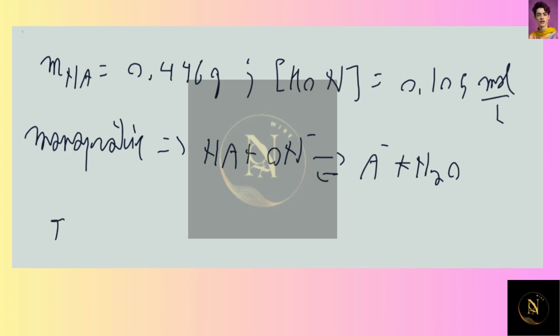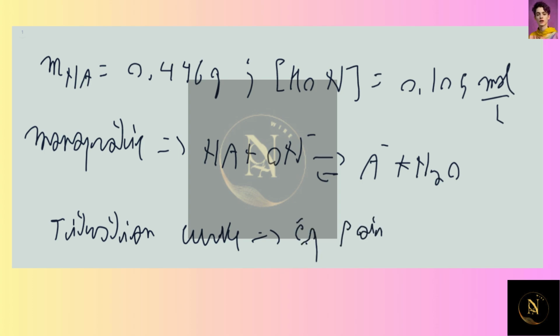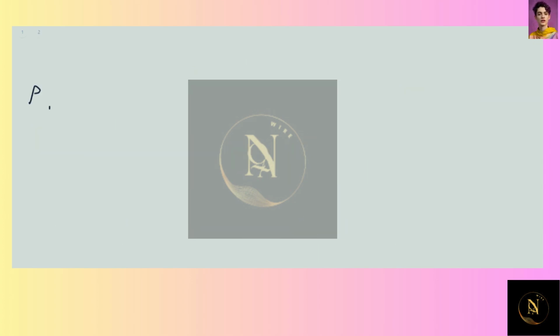And finally, we have our titration curve. The titration curve is very important because we're going to find our equivalence point. An equivalence point, if you remember correctly, is when your pH is equal to 7. It's also equivalent because the number of moles of the acid is equivalent to the number of moles of KOH.